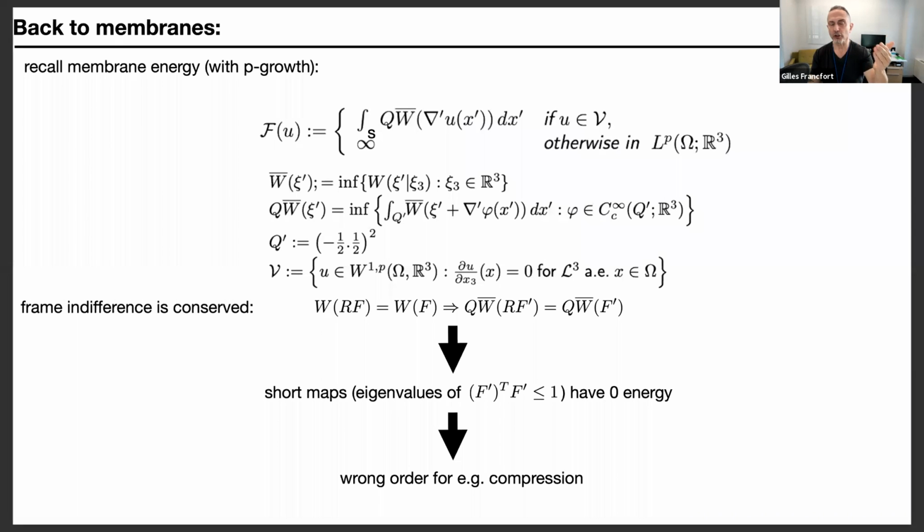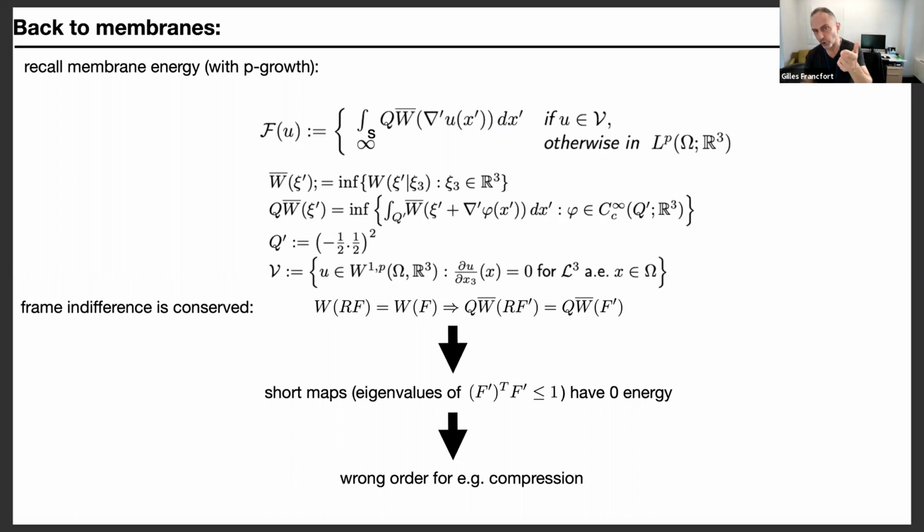It's the integral over S, over the horizontal section, of the quasi-convexification of W bar. And W bar is what happens when you take your original energy and minimize with respect to the third column. And the quasi-convexification is the usual formula for quasi-convexification.